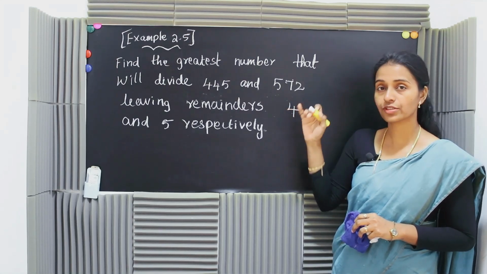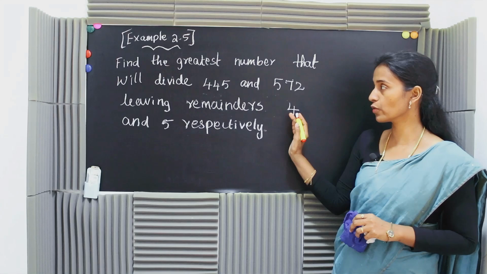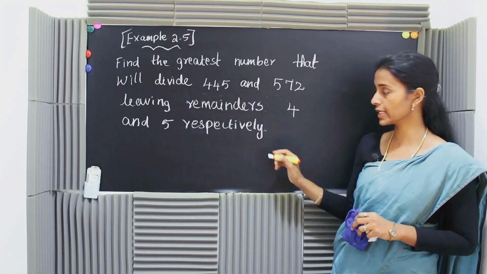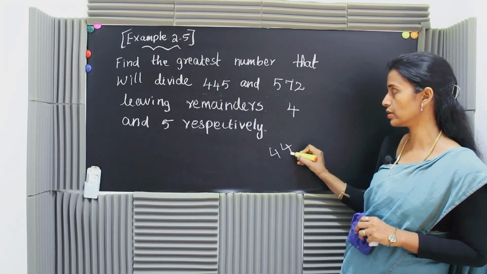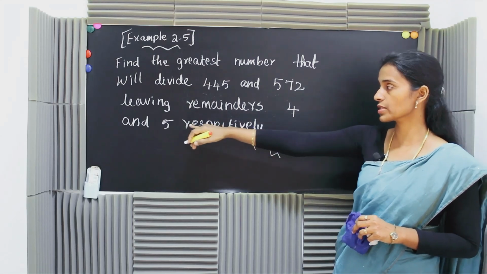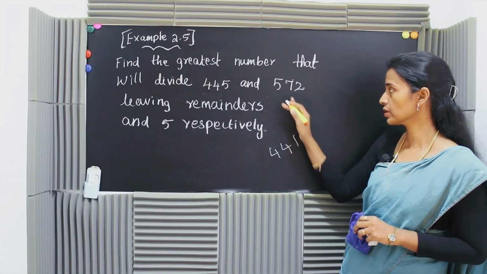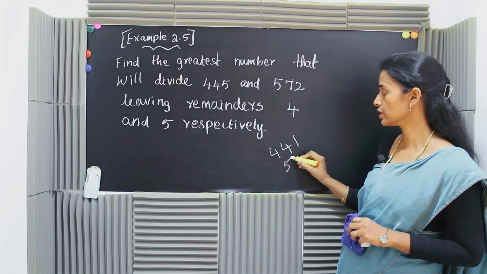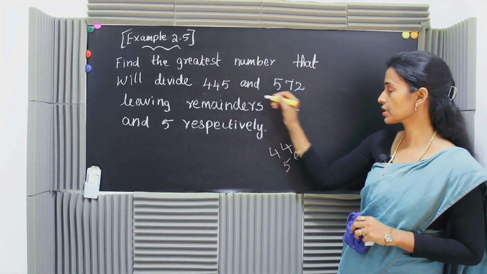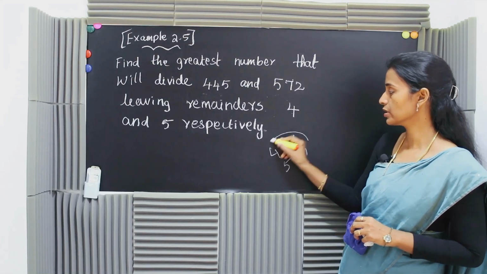After subtracting 4 from 445, what we will be getting? 441, right? And after subtracting 5 from 572, we will be getting 567, right?